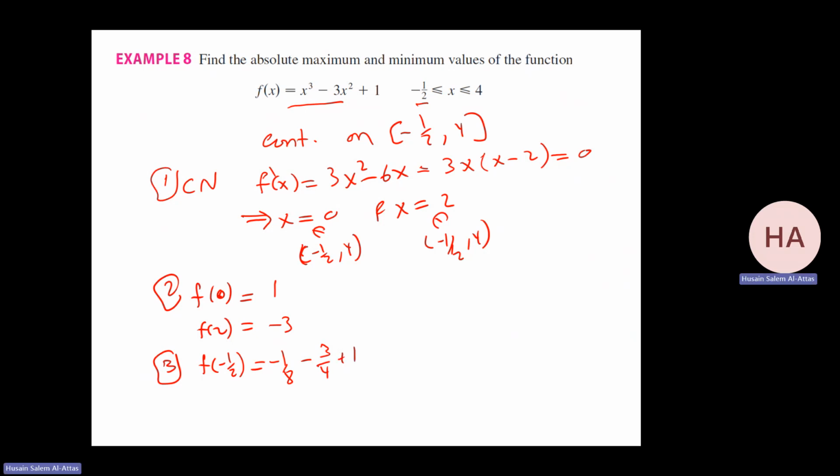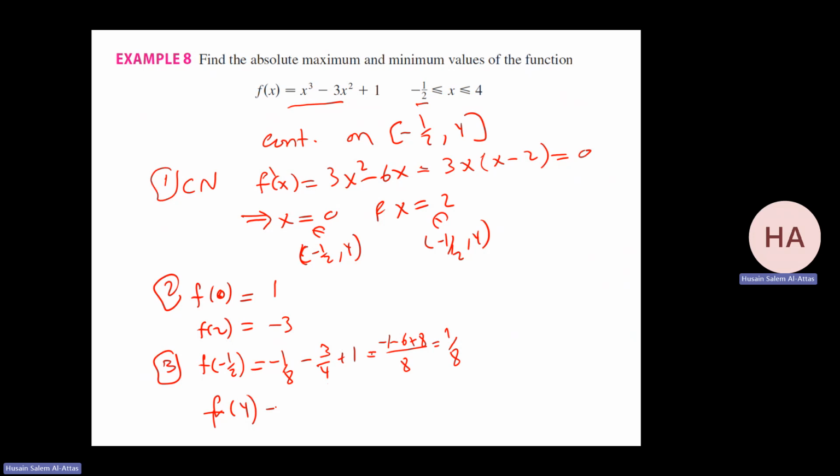Over 8, that is minus 1 minus 6 plus 8, so it's 1 over 8. Okay. So I need also to check the other endpoint, which is f at 4.